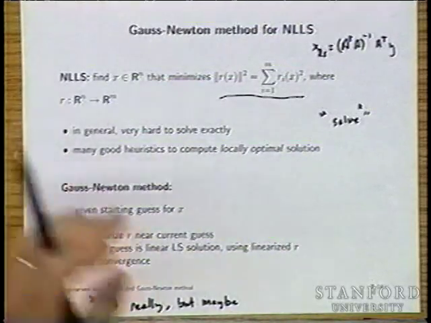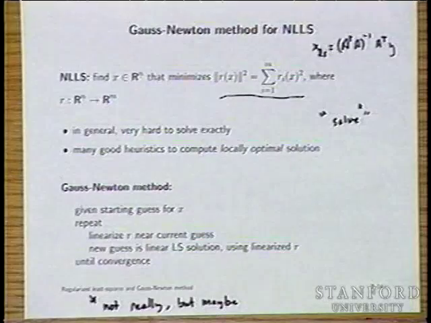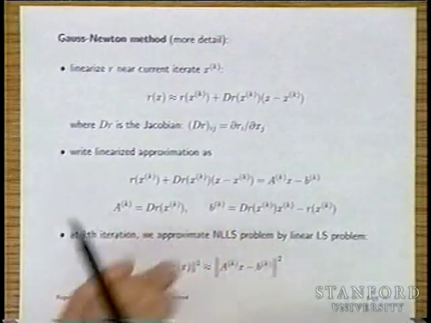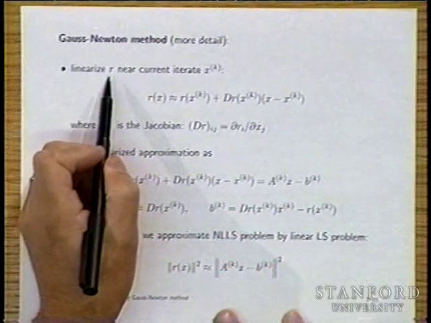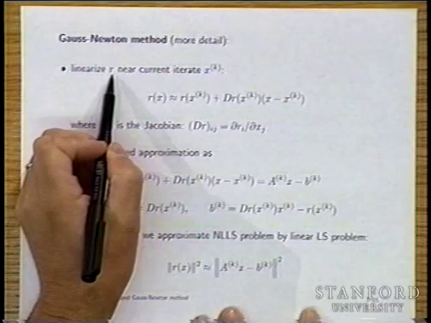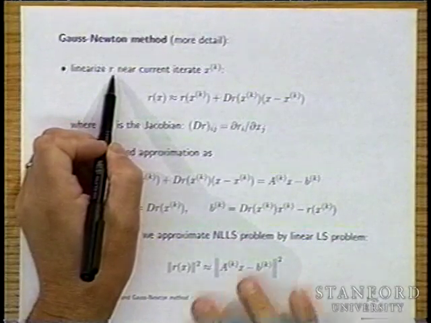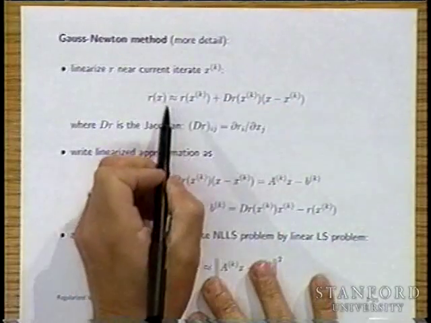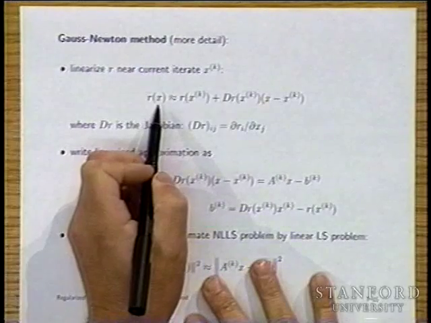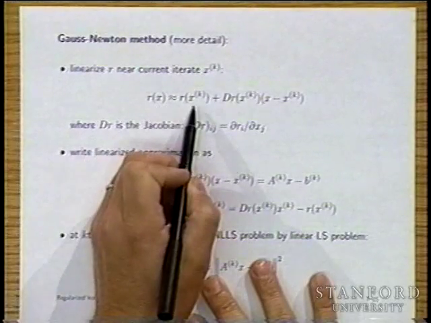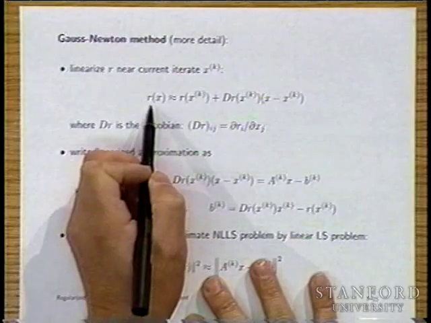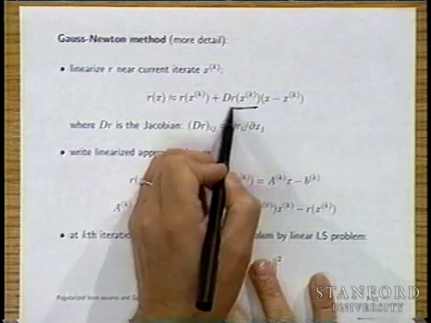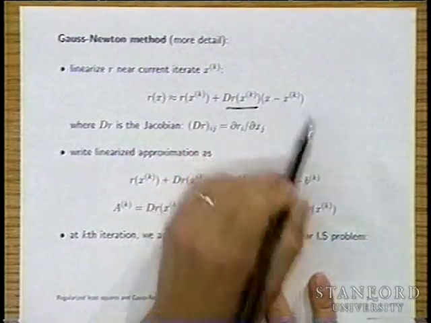So you get a different model. So this is called the Gauss-Newton method. And here's some more detail, and here's the way it works. You take the current residual, and basically what you're doing is you form an approximation that says if x were near x_k, then I would have r(x) is about equal to r(x_k) plus, that's the Jacobian, times the deviation.